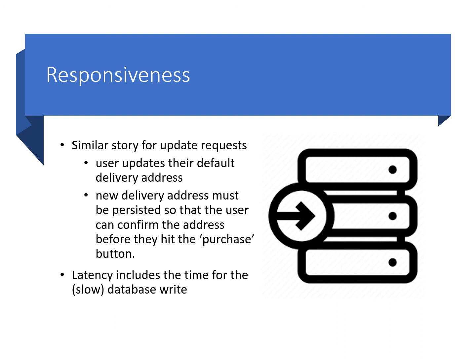This means the new delivery address must be persisted in the database so that the user can confirm the address before they hit the purchase button. The latency in this case includes the time for the database write, which is confirmed by a response to the user before they actually make their purchase.